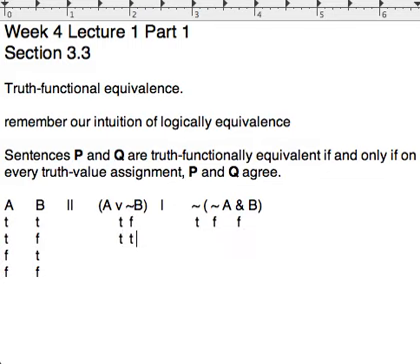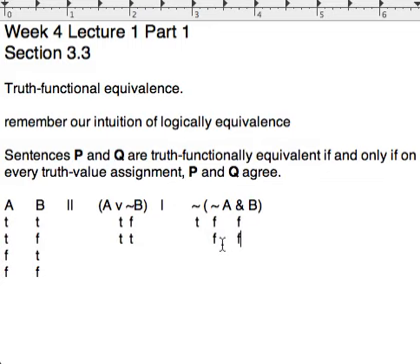Okay, and let's come over here. Excuse me, I'm feeling a little under the weather, so that's why I'm a little sniffly. Okay, so not A again here gets assigned false because on this truth value assignment, A is true. And the conjunction then turns out to be false as well, for the same reason as above, right?